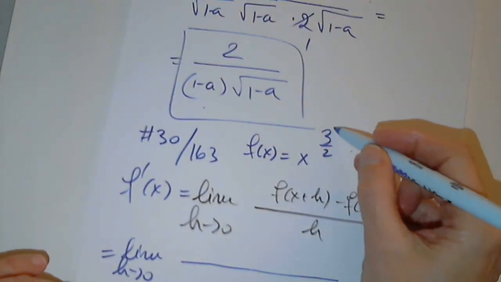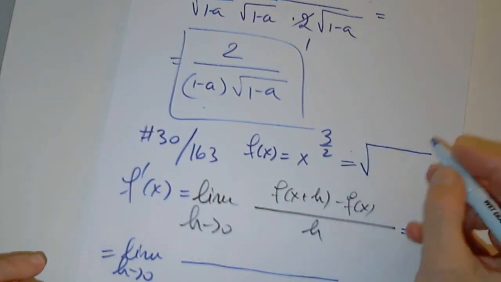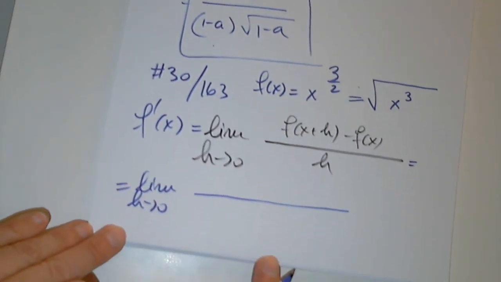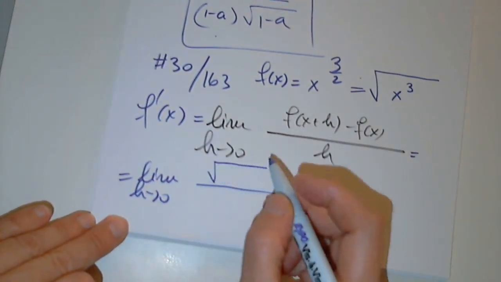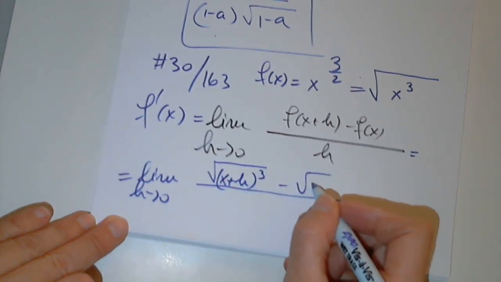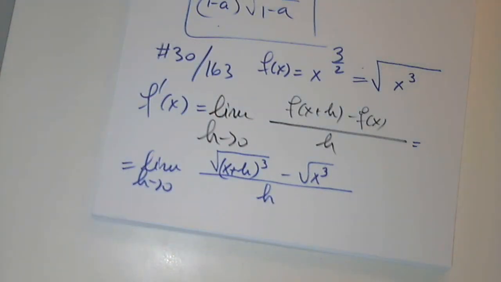Always remember a fractional exponent can be replaced by what type of expression? Excellent, very good. So this is the square root of x to the third. Good. So this will be then the square root of x plus h to the third power minus the square root of x to the third divided by h. Of course, when you plug it in, what we are going to get, always, for the limit of the difference quotient, 0 over 0, of course.